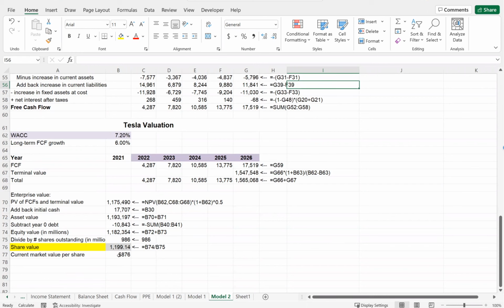The value I got is 1,199, roughly 1,200.